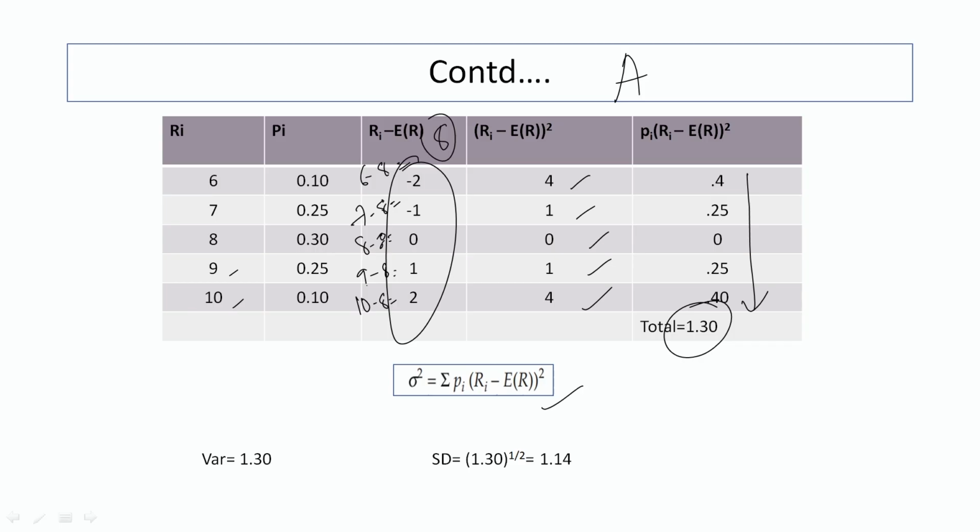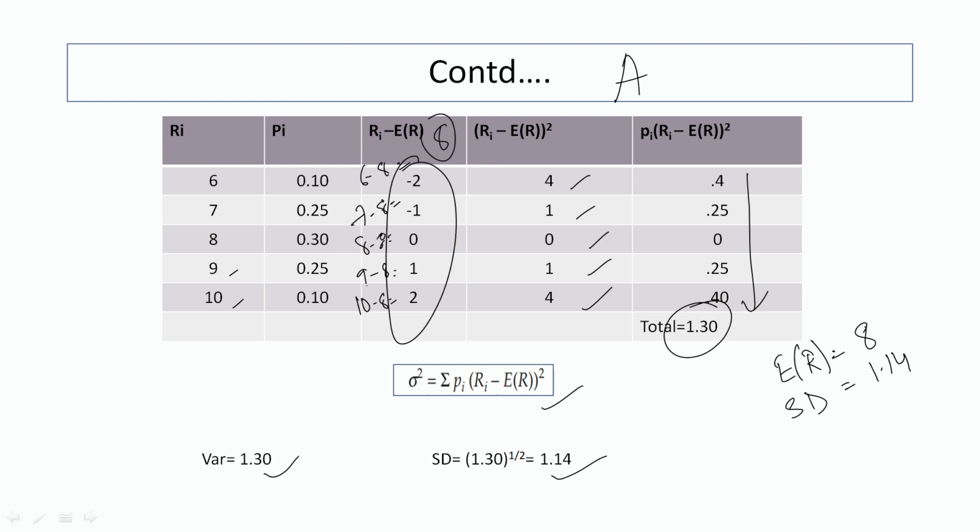So, when we put it into the formula, we get the variance 1.30 and if we take the square root of this variance, we get standard deviation, that is 1.14. What is the expected return of this Company A? Expected return is 8 and standard deviation is 1.14.